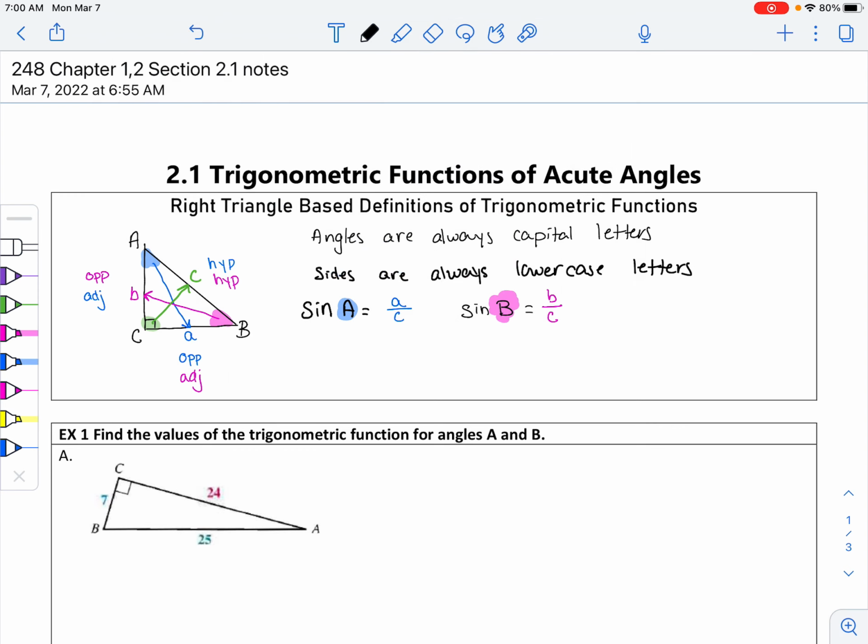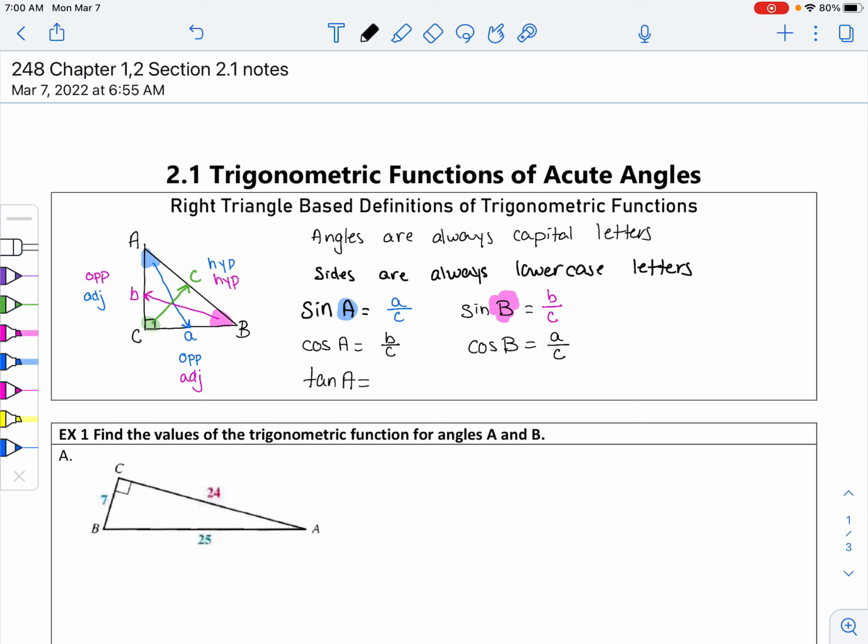We can do the same thing for cosine. Cosine of angle A is adjacent over hypotenuse. So this would be side B over C, where the cosine of angle B would be, again, adjacent over hypotenuse. So this would be side A over C. The tangent of angle A is opposite over adjacent.